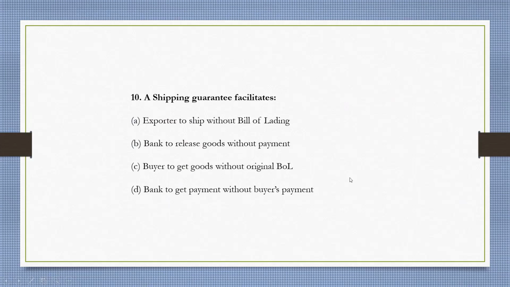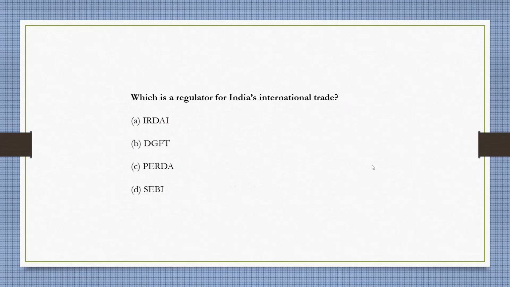So what does the shipping guarantee facilitate? Let's see the right answer. Correct answer is C, buyer to get goods without original bill of lading. So if there is a shipping guarantee, that means the buyer will get the goods without original bill of lading also. Let's see next question.